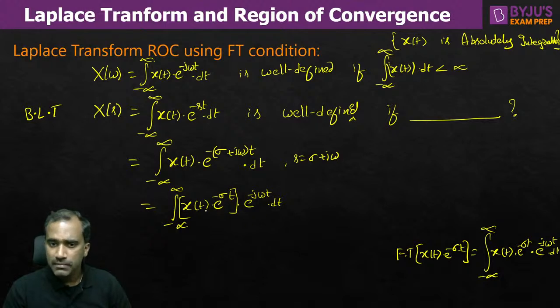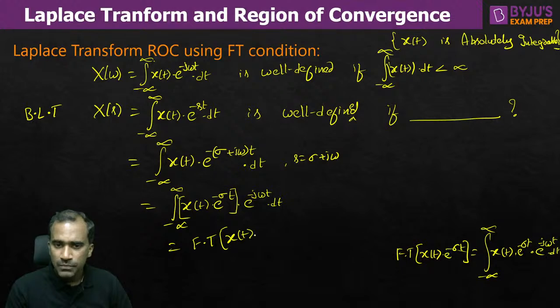Are these two the same? These two are exactly the same, right? So can I write it as the Fourier transform of x of t into e power minus sigma t? Is that okay? So the Laplace transform of x of t, or X of s, is the same as the Fourier transform of x of t into e power minus sigma t.